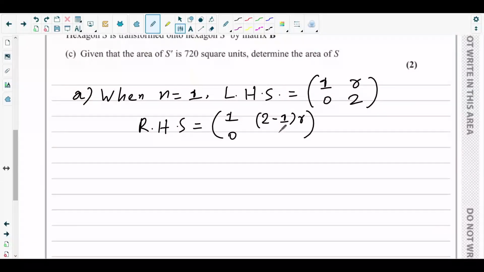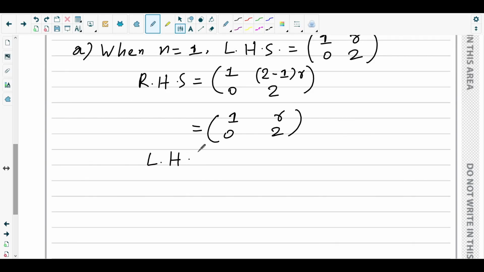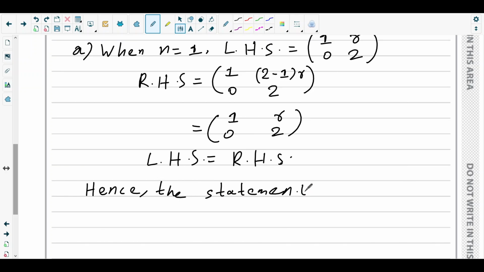If you multiply out the bracket, you will get just (1 r; 0 2). So that's the right hand side. We can see that for n equals 1, the left hand side is equal to the right hand side, hence the statement is true for n equals 1.